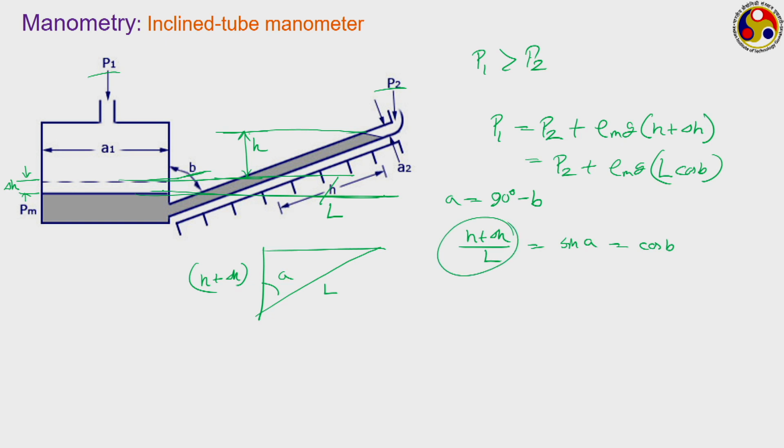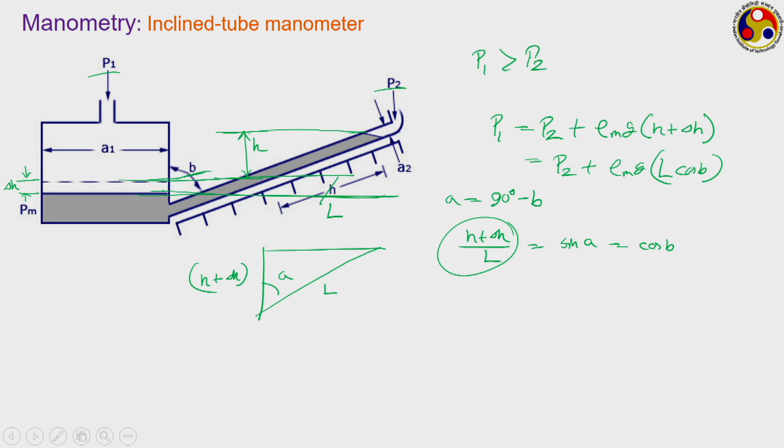Definitely the value of L will be much larger compared to the value of h plus delta h, and it will be much easier for us to identify the length of the liquid column in the inclined tube. Even for a much smaller pressure difference between P1 and P2, we can easily calculate this.